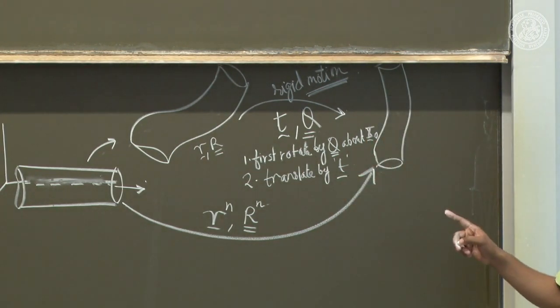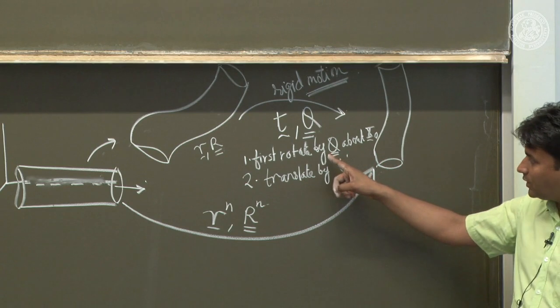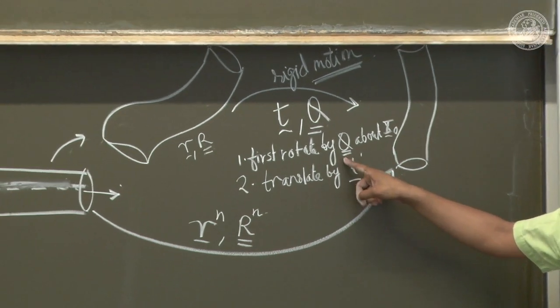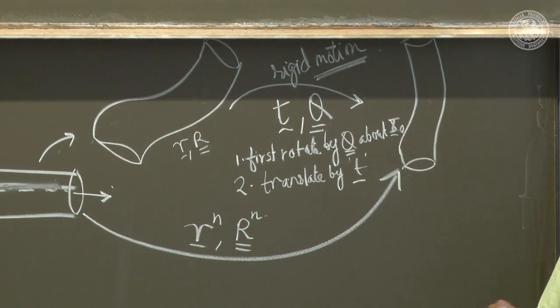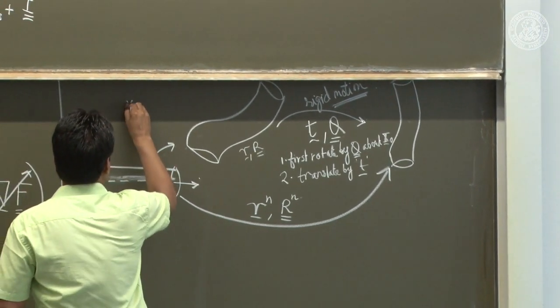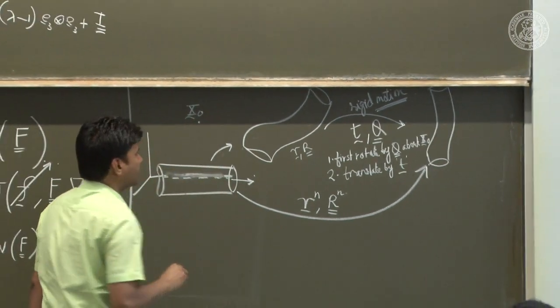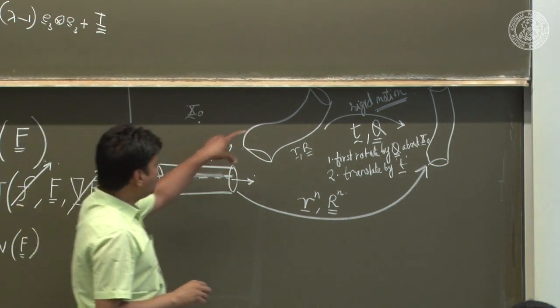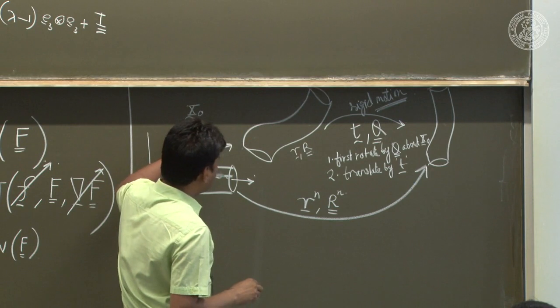So, in the first case, when you rotate by q about x naught, think of a point x naught somewhere over here, and I want to rotate this about this point x naught.